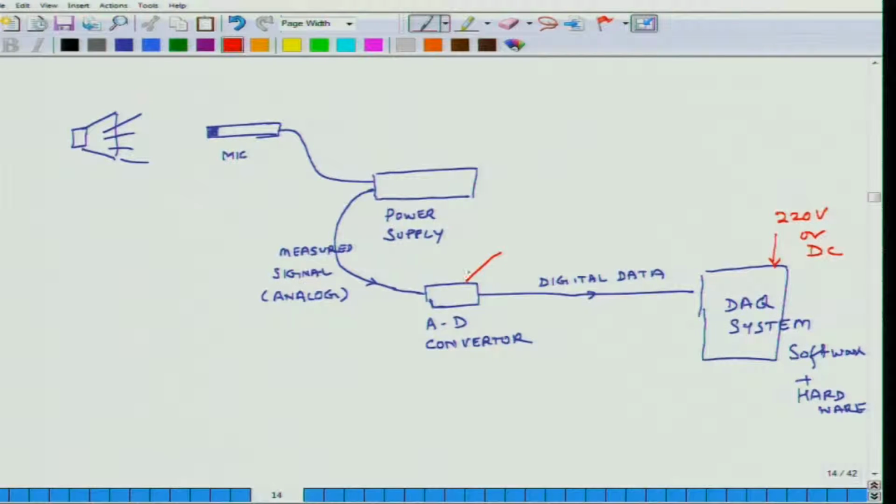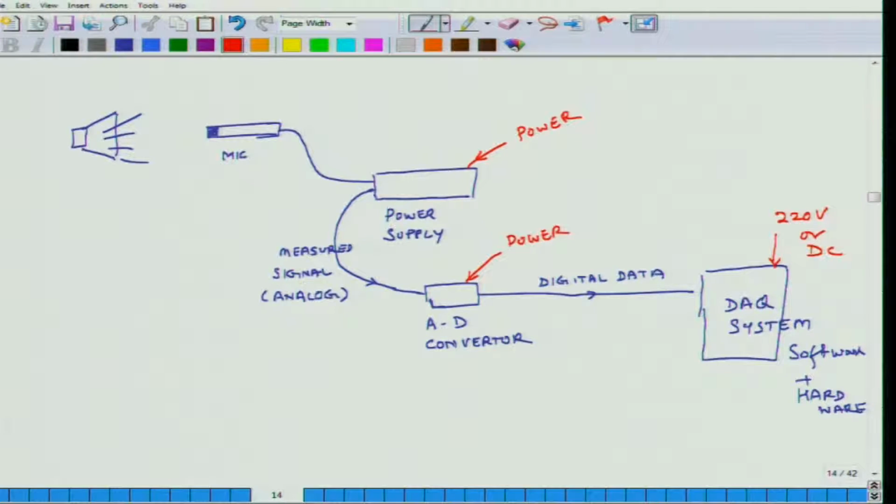This will also require some power, typically these guys run on some DC sources, and this will also require some power supply. Now you can have adapters, typically these require DC power supply, but a lot of times we have some adapters which convert this 220 volt into DC and then feed it to the system.